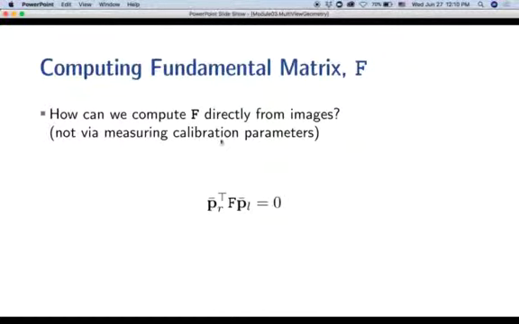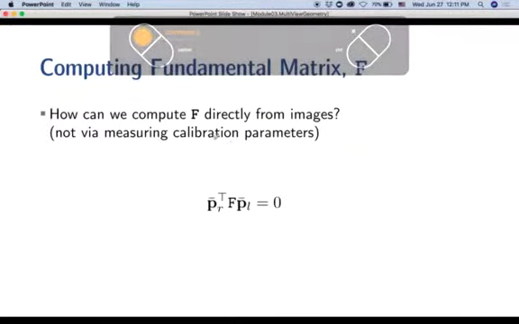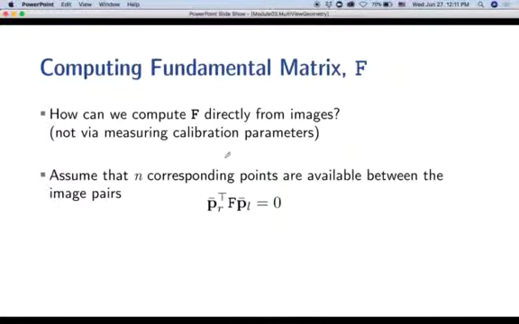I could have computed F if the cameras were completely calibrated: I would take the R and the T of the second camera, with the first camera in the canonical frame, construct E from it, and then use the intrinsic parameters of the cameras to convert E into F. But I'm saying I really don't need that. I can directly compute F even though the camera is not calibrated. Let's see how I can do that.